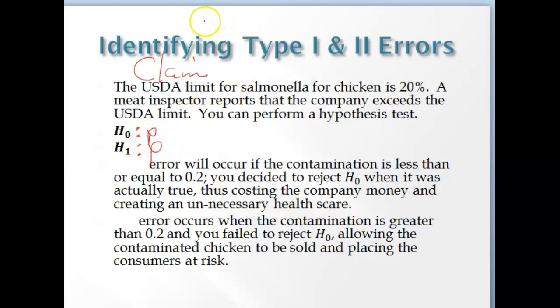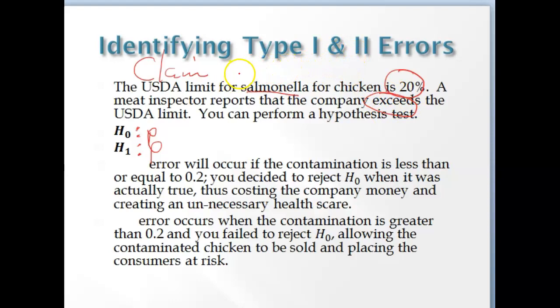A proportion is a ratio. It is a percent, etc. So here we have a percent. So this is not actually a mean, it's a proportion, so I'm going to use P instead of mu. Now the claim is that the salmonella exceeds, which means it is greater than 20%.